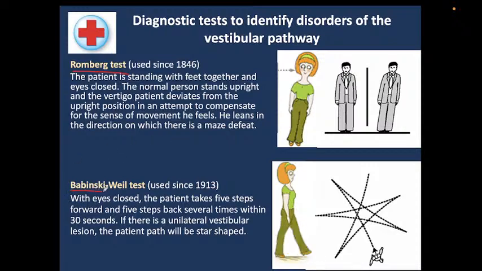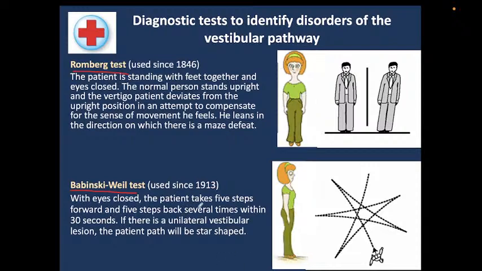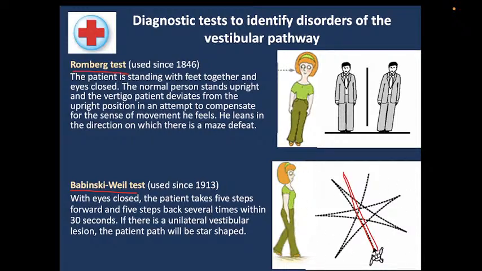And the second test, called the Babinski-Weil test, is younger than the Romberg test. Usually the patient closes the eyes and tries to walk, and the path will be formed like a star shape, because it is not possible to go direct and back. So the pathway will look like a star.